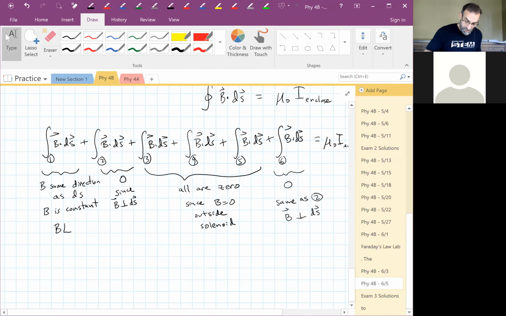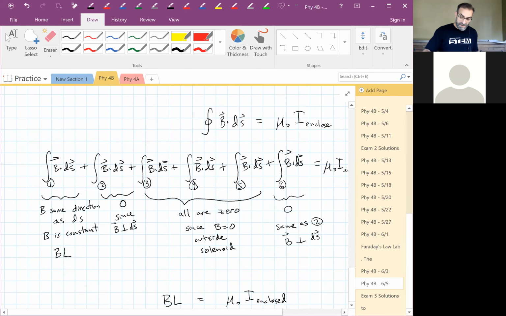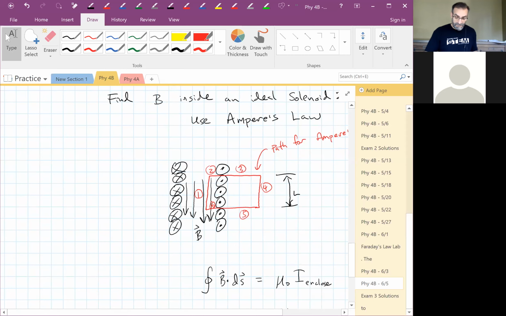What do we end up with? We end up with B times L on the left side. And on the right side, we have mu I enclosed. What is I enclosed? Well, if I look at this, I've got 1, 2, 3. I've got 3 turns.